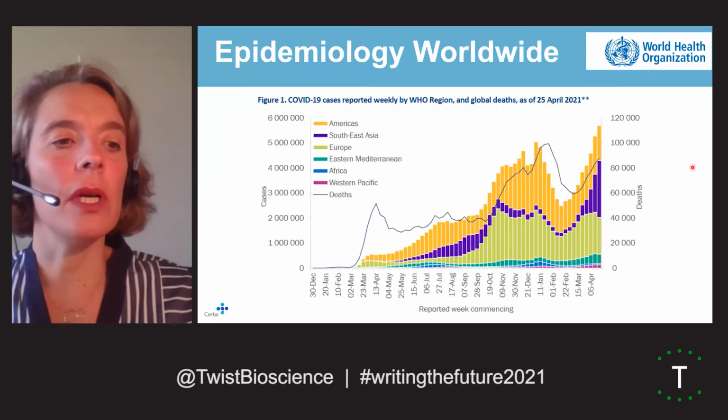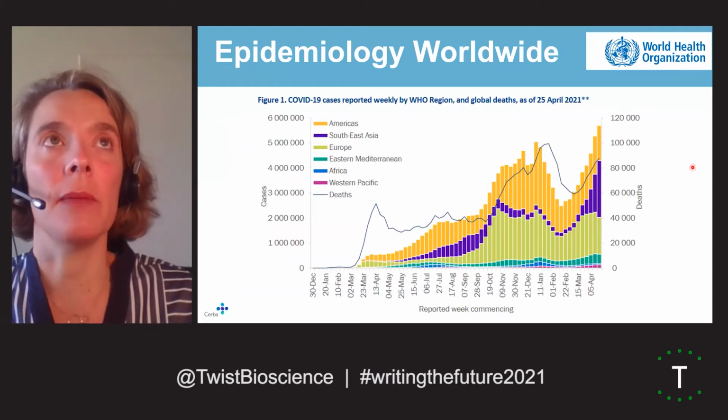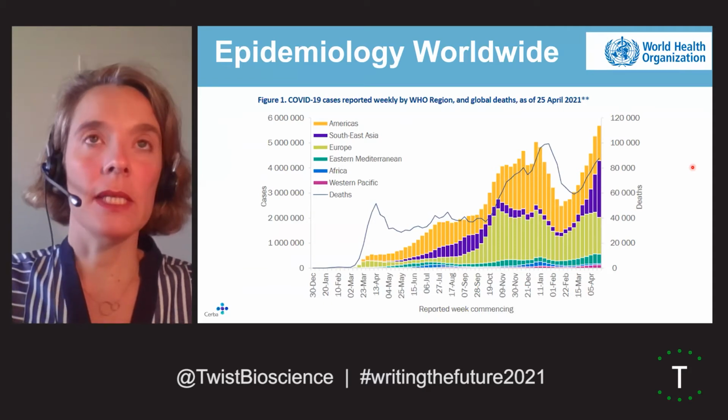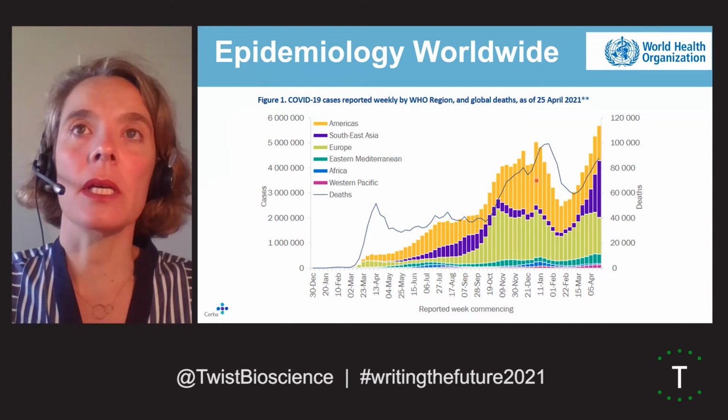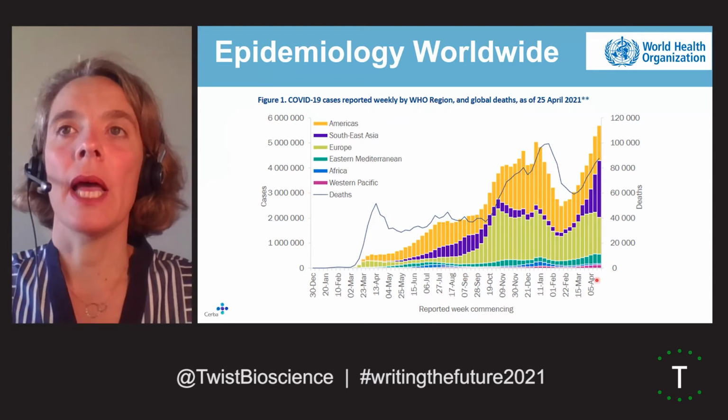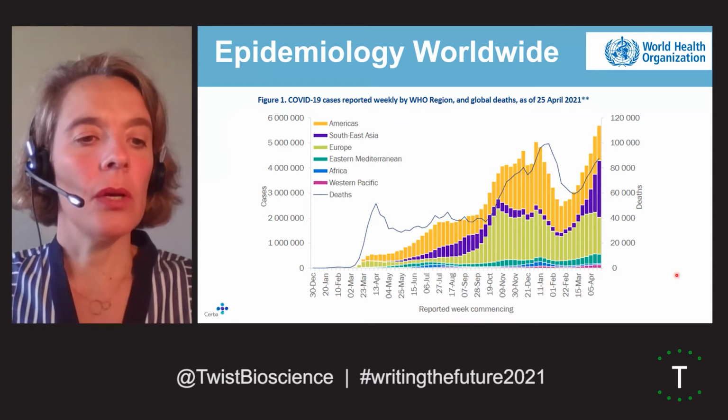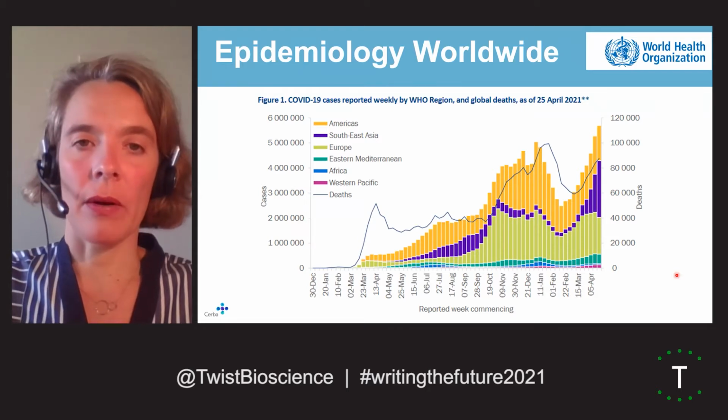First, let's have a look at the COVID-19 worldwide epidemic. As we can see on this slide, 3 successive waves occurred, and each of them could be linked to a new variant.